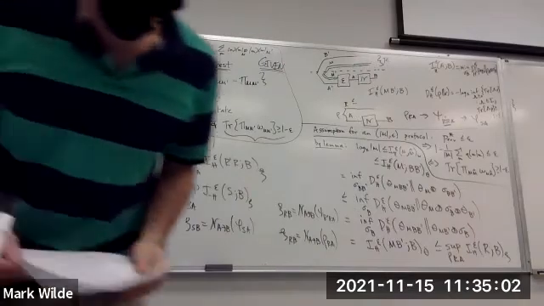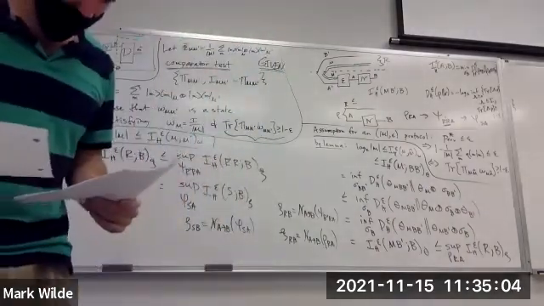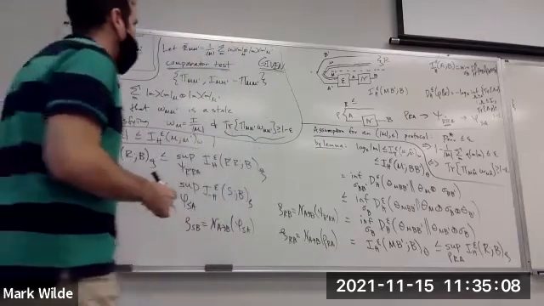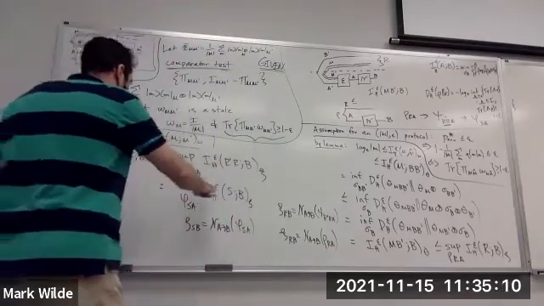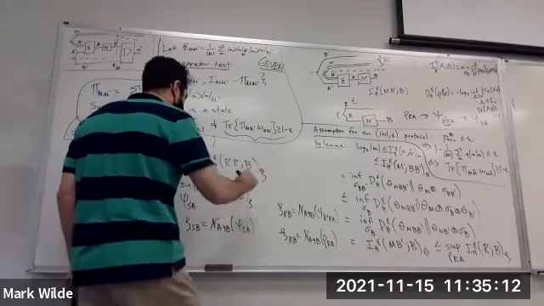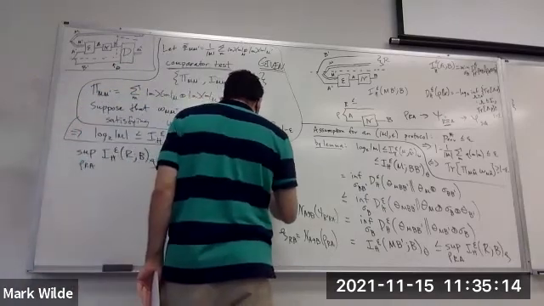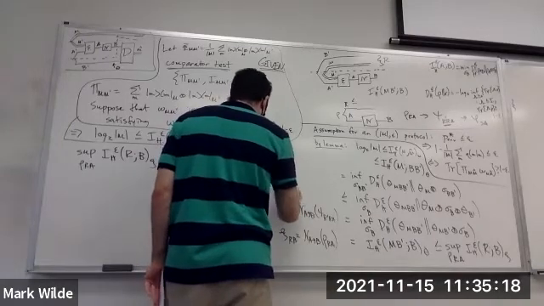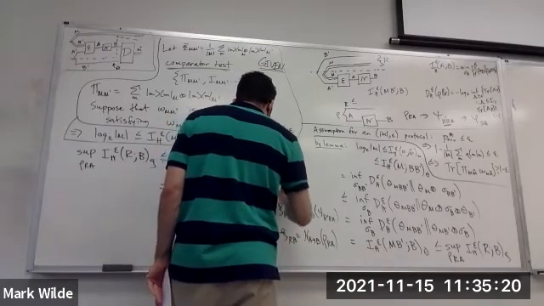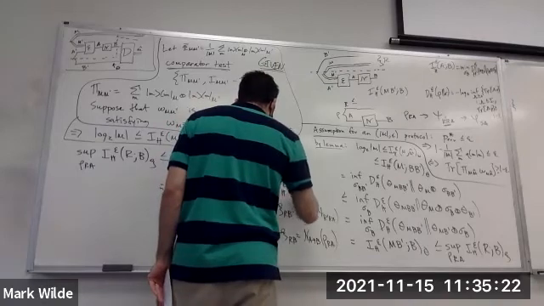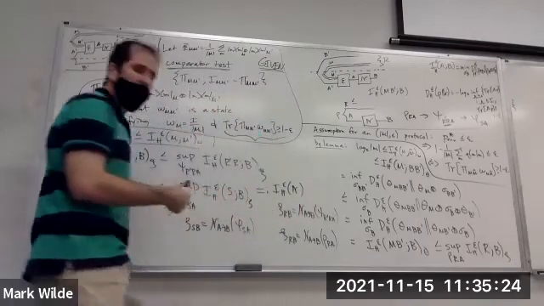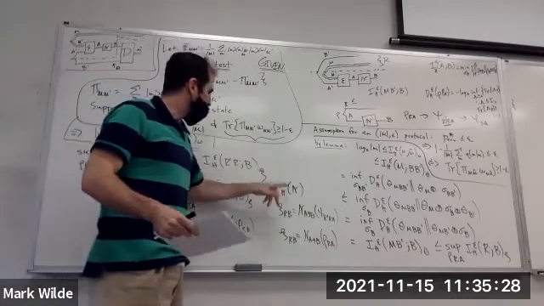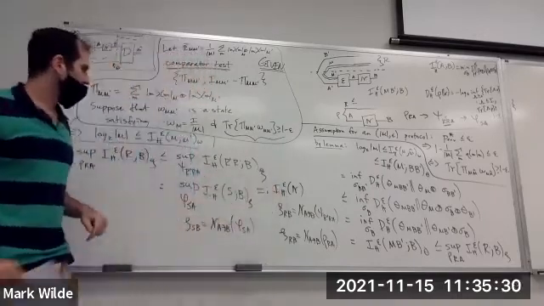Okay. So this quantity right here is what we define to be the mutual information of the channel. It's a function exclusively of the channel and the parameter epsilon.